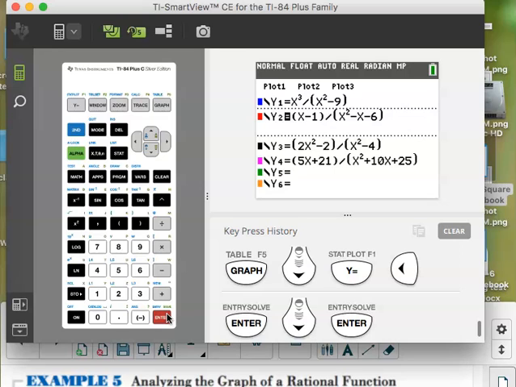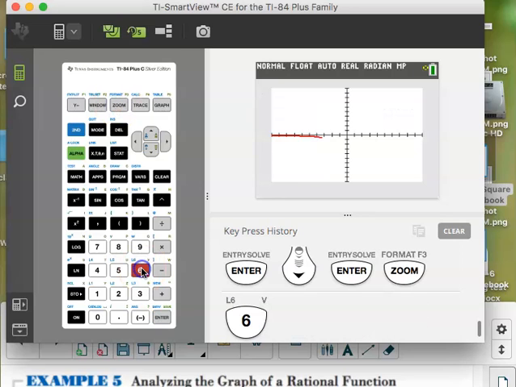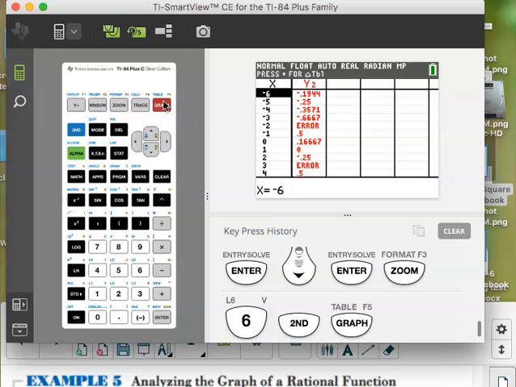And then a zoom 6. Using my table, I could check my asymptotes and make sure there's an error message in my table at -2, which there is, and at +3. So that's a good check for your asymptotes.